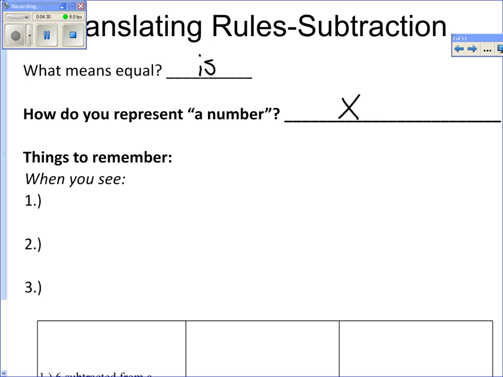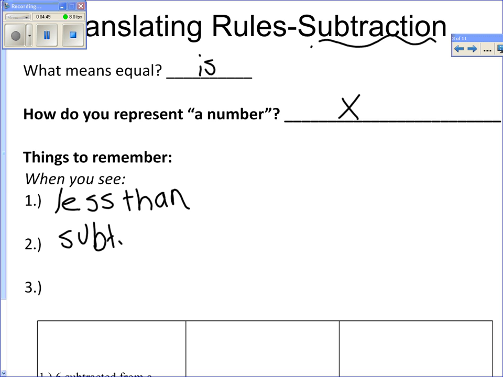Now, the things about subtraction that are really important are the keywords "less than," "subtracted from," and "the difference."